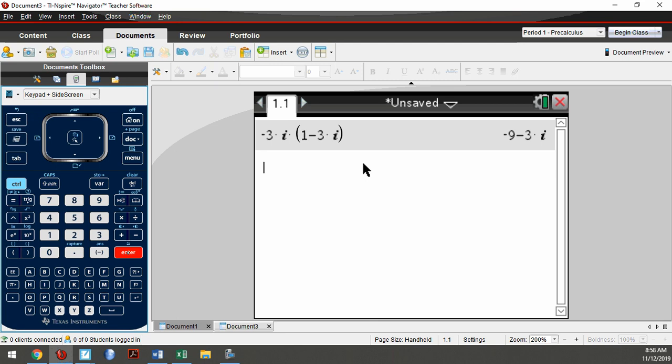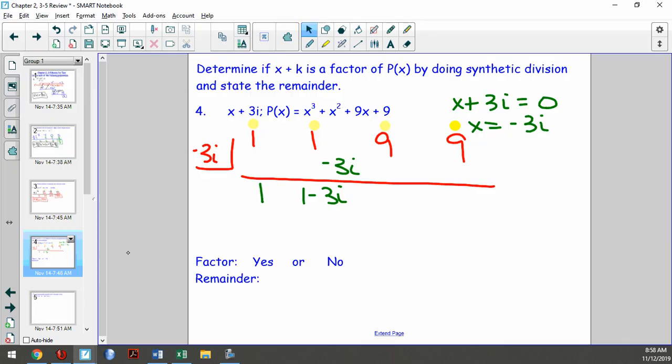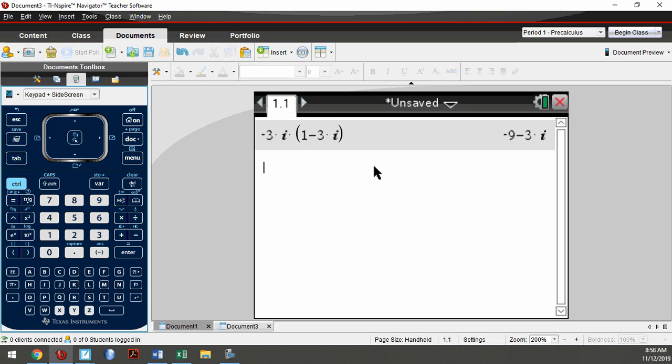And it's going to give you negative 9 minus 3i. And then I want you to use the calculator. Yes, you know that's going to cancel, but I want you to have that running tally in your calculator. Say plus 9. And that's going to give you just the negative 3i. Do we all understand that?